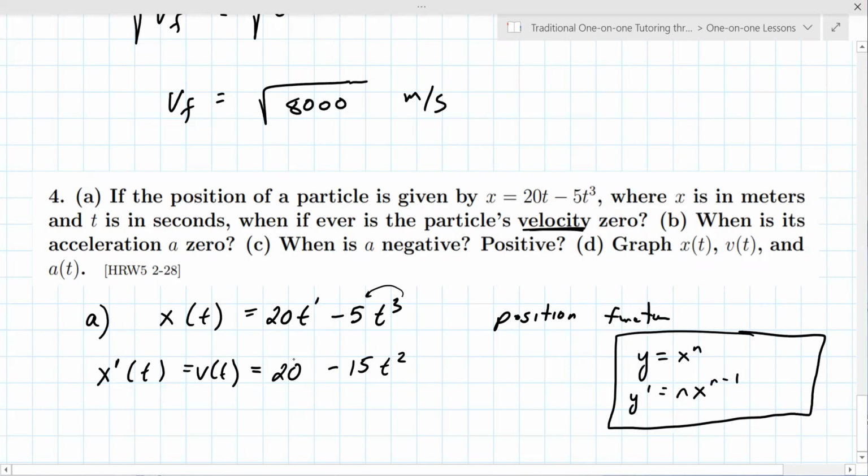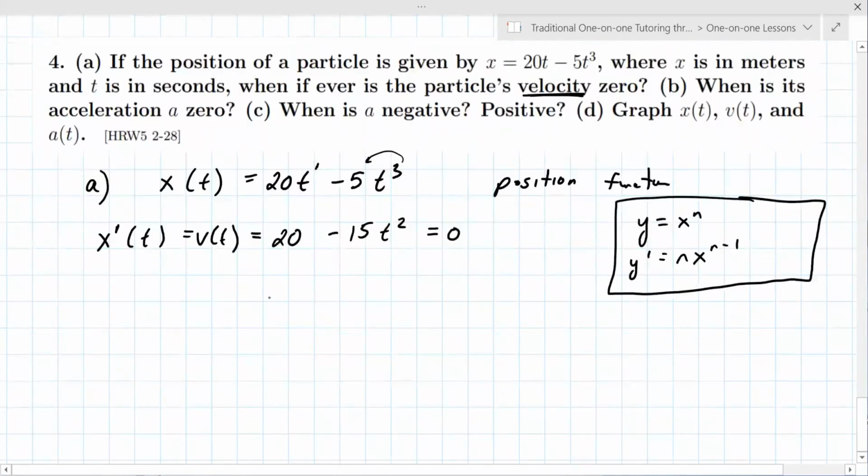The first thing is asking, when is its velocity 0? So you set this equal to 0. You're setting this equation, the velocity, equal to 0, and you solve for t.